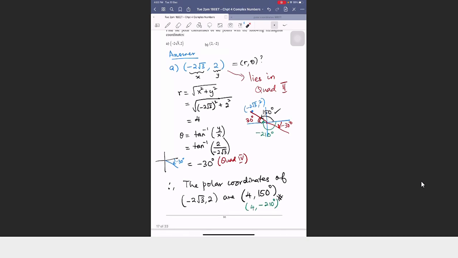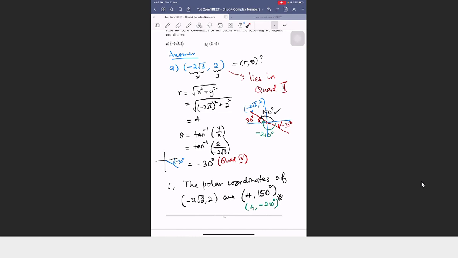Okay, what's R? What is R? Sure? Use your square root of x squared plus y squared. Yes, square root of 8.